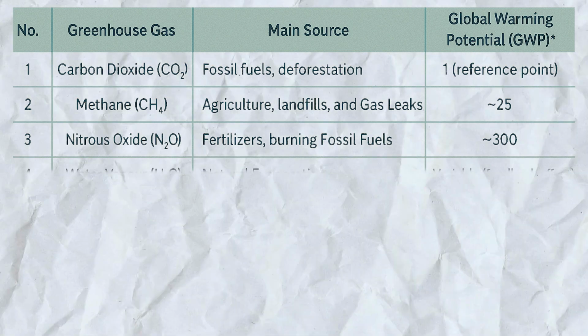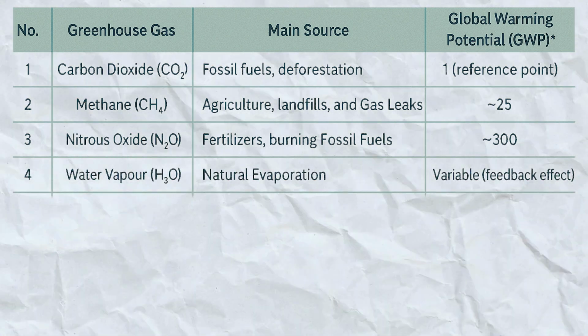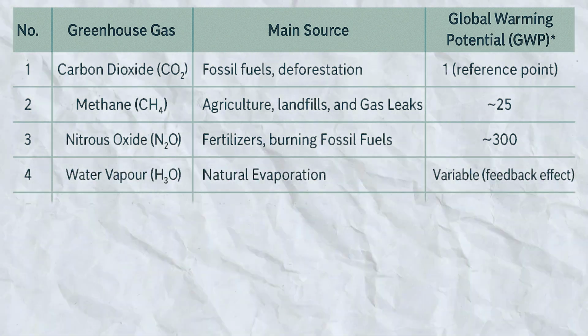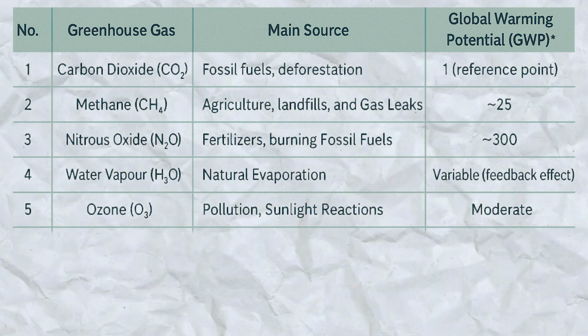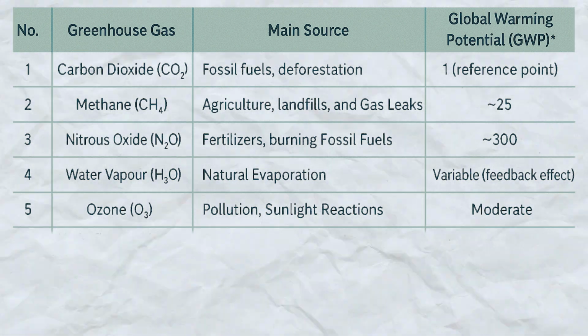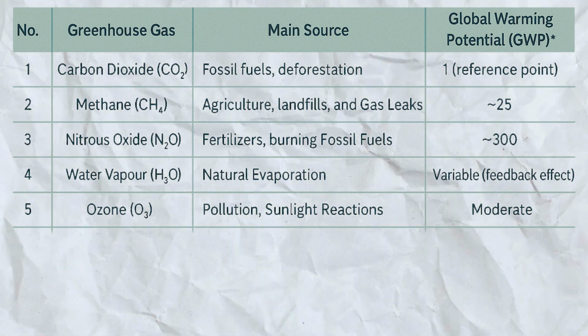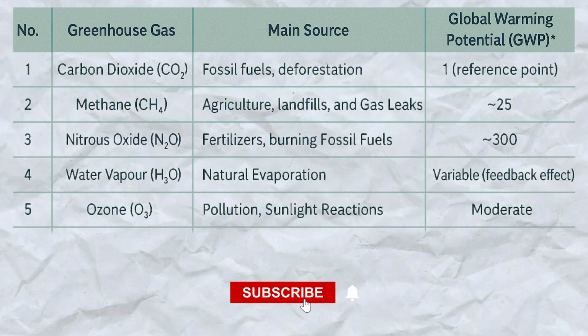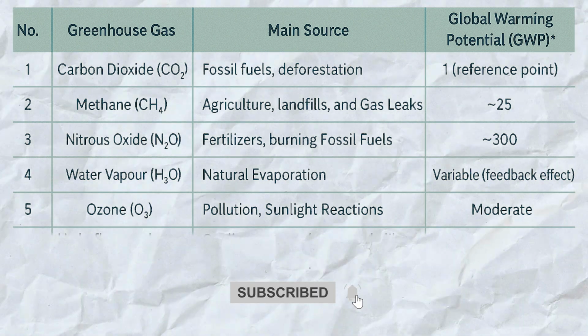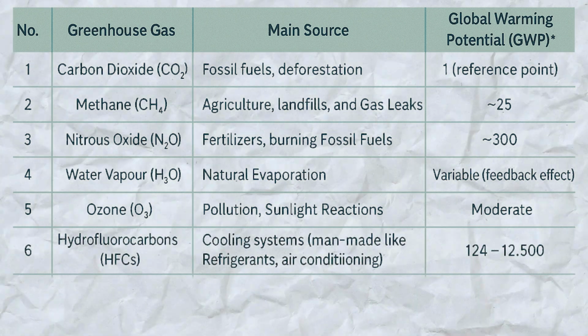The fourth one is water vapor, which is H2O, which is a natural evaporation. And the fifth one is ozone, which is O3. It is happening because of pollution, sunlight reflection, and its impact is moderate. But then the last 2 are coming, which are generally considered to be man-made and make the most important impact. That is hydrofluorocarbon, which is called HFC.